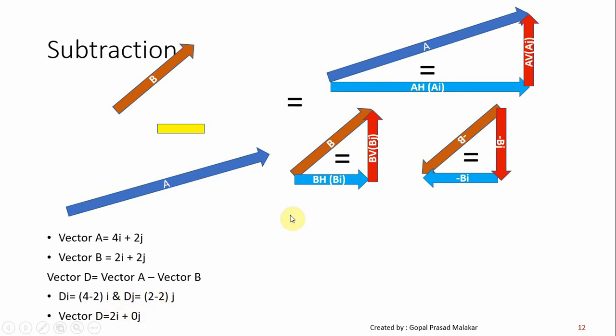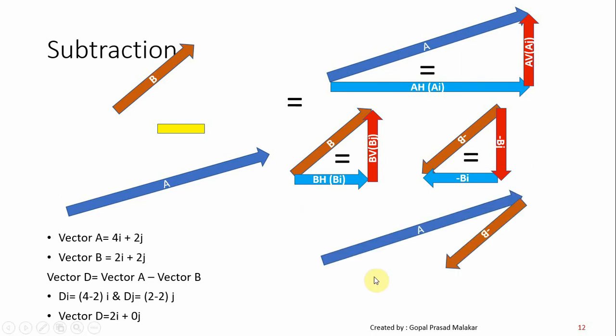Now let's visualize it also, that it's happening or not. So essentially if you put this way, A and then B, if you take a look, this A plus minus B, it's giving you this D, which looks like just in the horizontal direction. And why it is happening? To understand that, just break A and B into components.